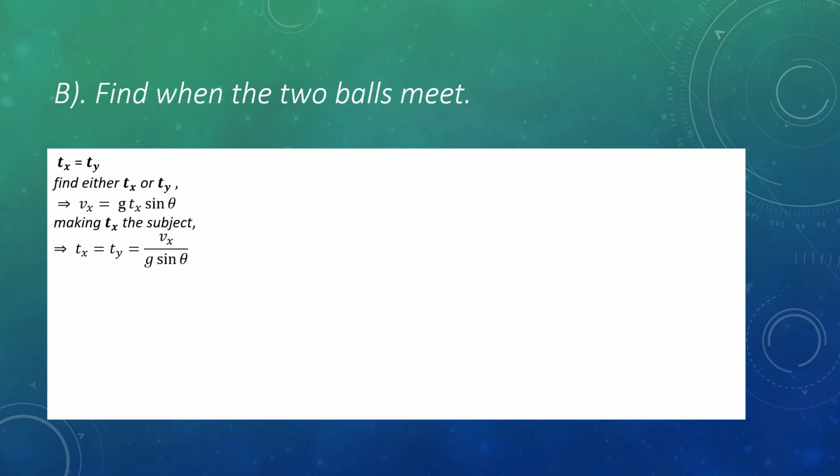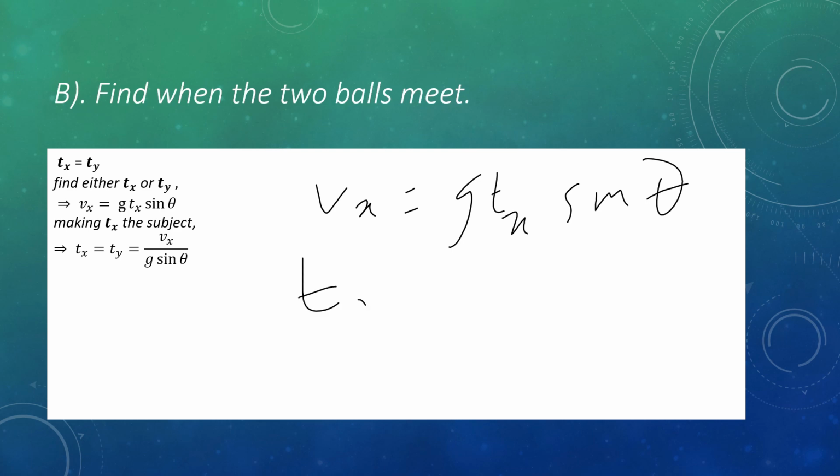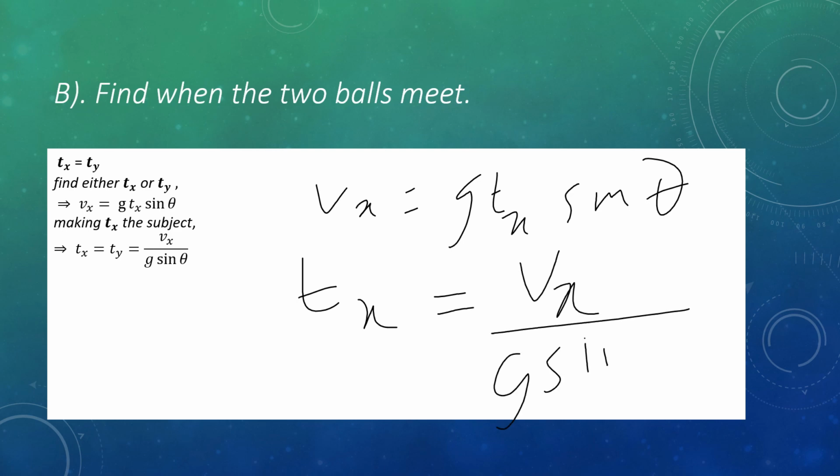I hope you know how we made it a subject. Vx is equal to d Tx sine theta. To make Tx the subject, just bring Tx here, and Vx divided by d sine theta. Good, so that's what we've done.